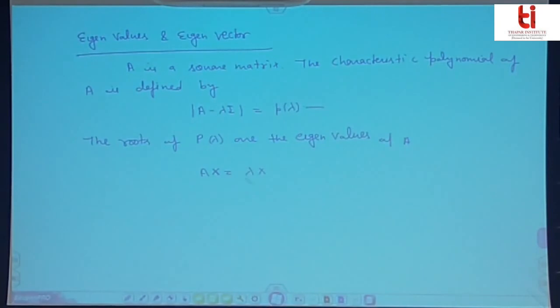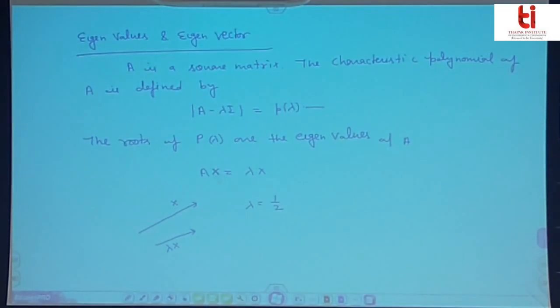This lambda is called the eigenvalue of the matrix A. Suppose x is a vector and lambda equal to 1 by 2, so lambda x will be half of x.